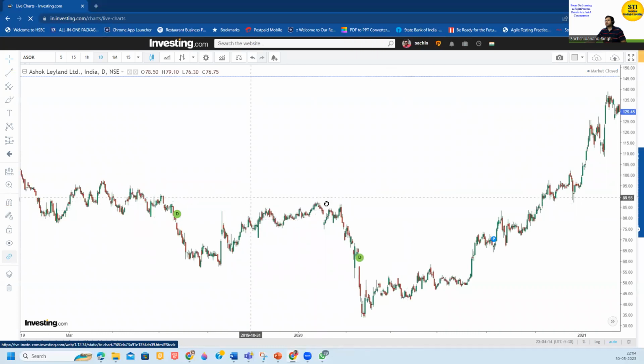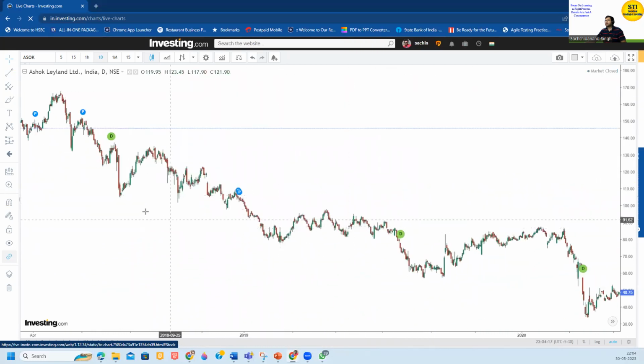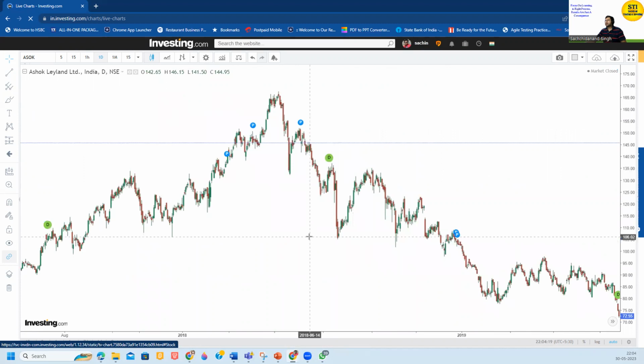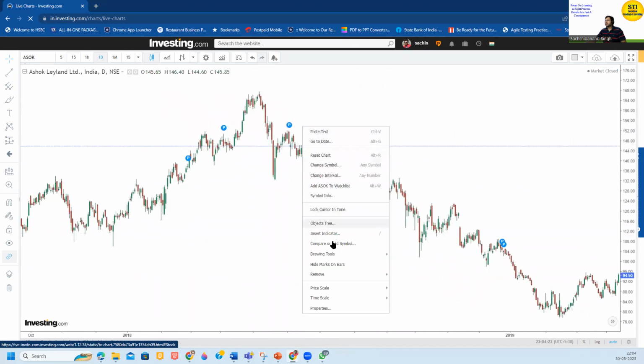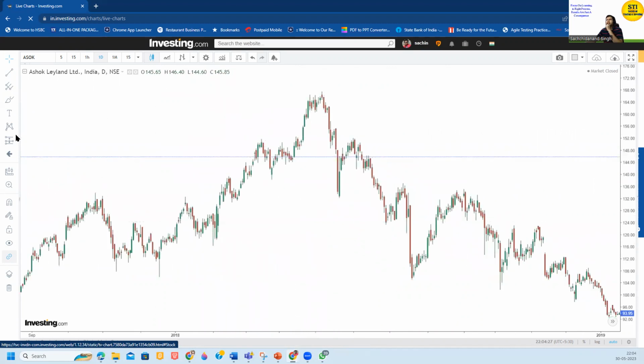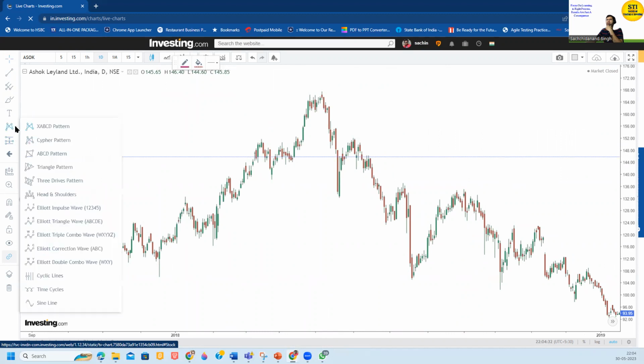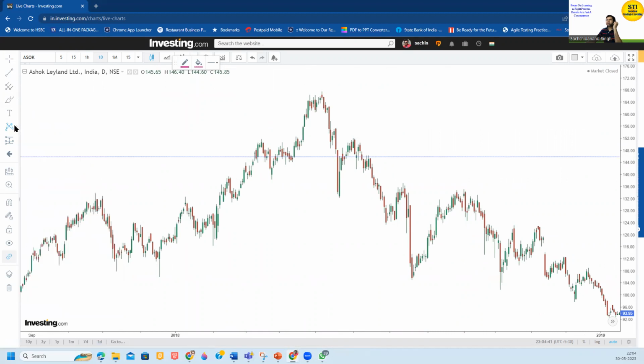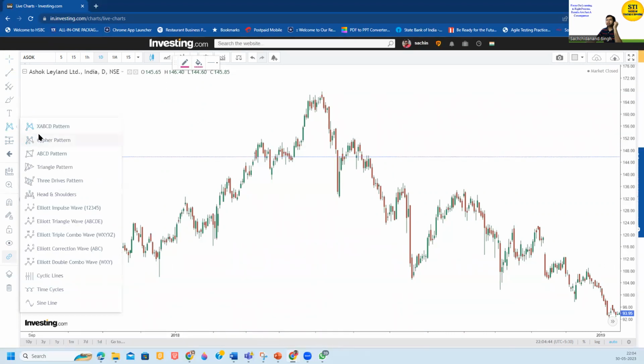For this one, we need to go to the past data just to see that. I will remove all the marks. And where to find the head and shoulder chart pattern? Within the sixth toolbar menu item here, this is called the head and shoulder indicator.